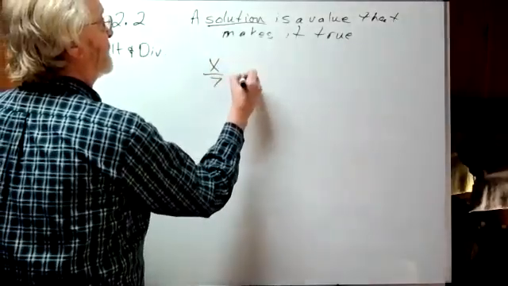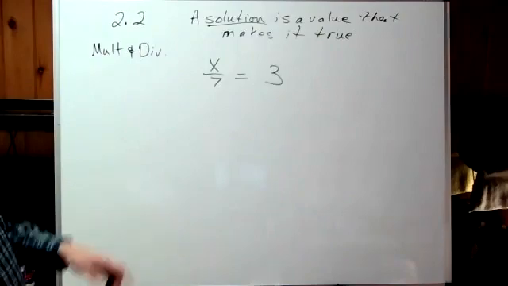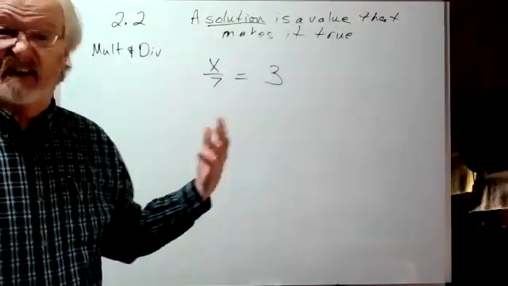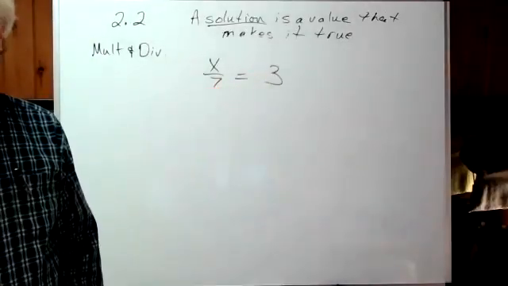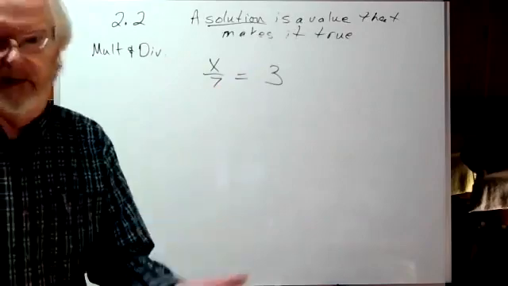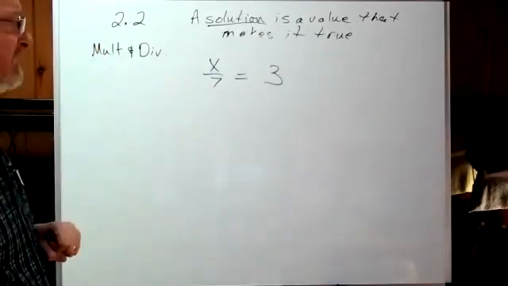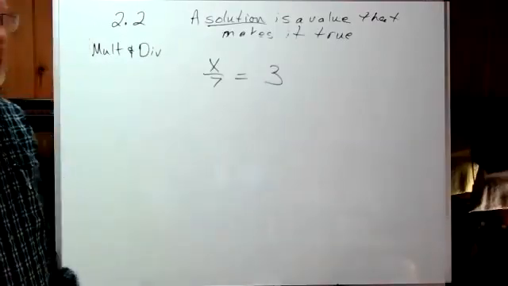All right. This is saying if I divide my unknown by 7, or 1/7 of my unknown, I get 3. Well, what's the whole thing, right? I want to get to 1x. What's the opposite of dividing by 7? Multiply by the 7.